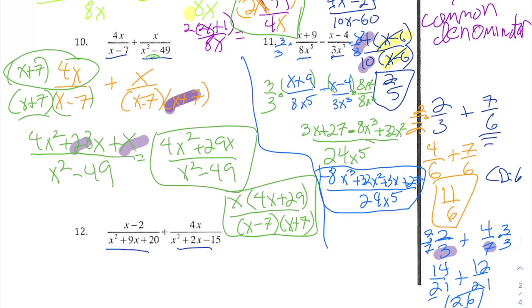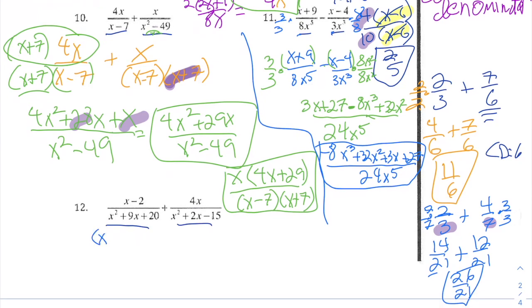Okay, over here, it's the same idea, so we have to factor first. So x plus 4 times x plus 5, and this is x plus 5 times x minus 3. If we look at these, what's missing in each? Well, this denominator is missing the x minus 3, and this denominator is missing the x plus 4.